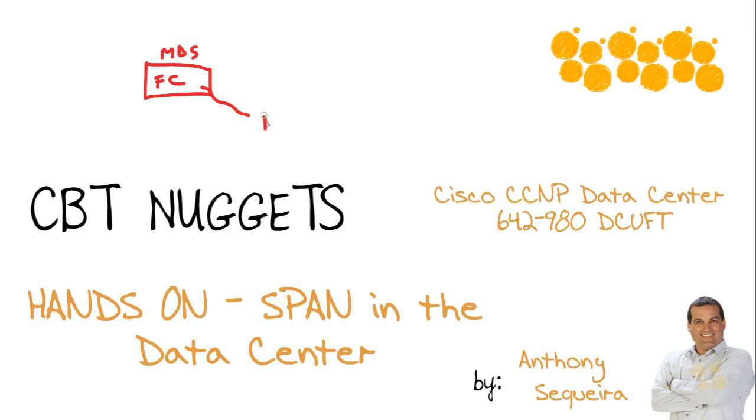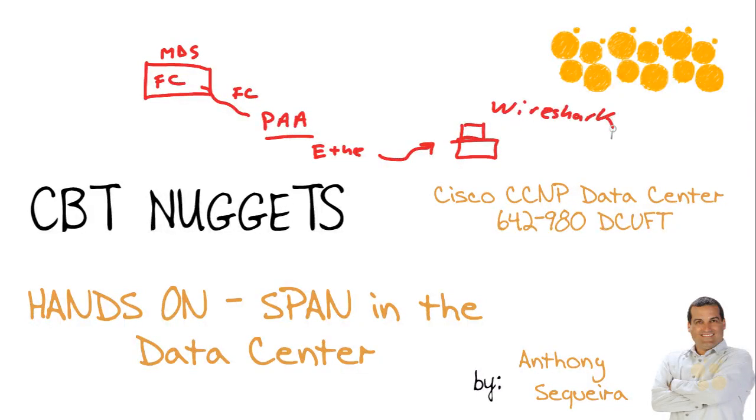a Cisco port analyzer. And this Cisco port analyzer is going to take the fiber channel traffic, encapsulate it for us in Ethernet, and then send it to a Windows workstation that I have running Wireshark. So we can go ahead and analyze the traffic on that Wireshark machine.